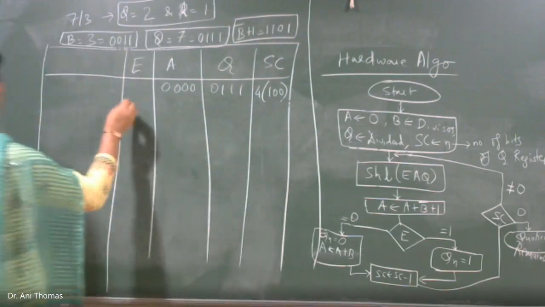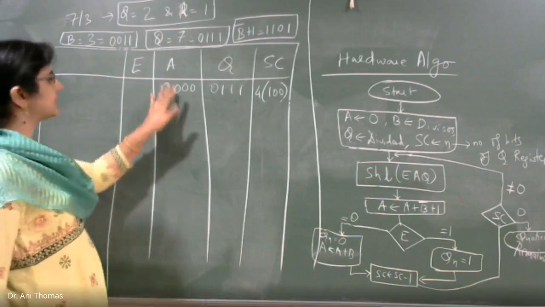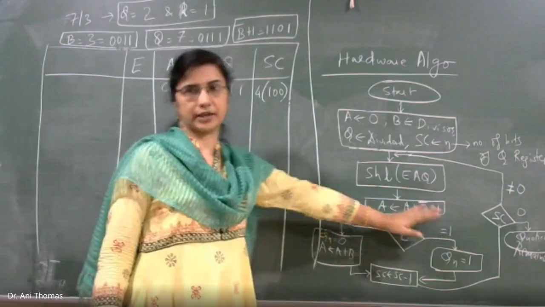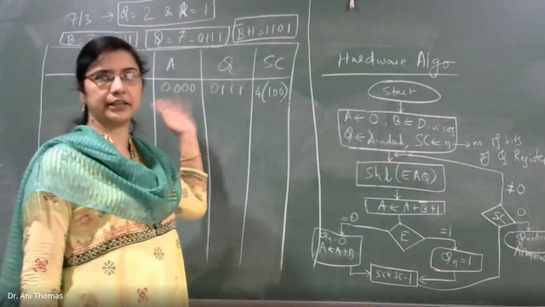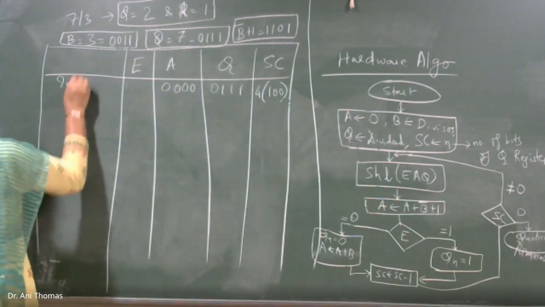Initially we don't have any value in E. We will have a value in E only after the subtraction A plus B bar plus 1. So this was the initialization.